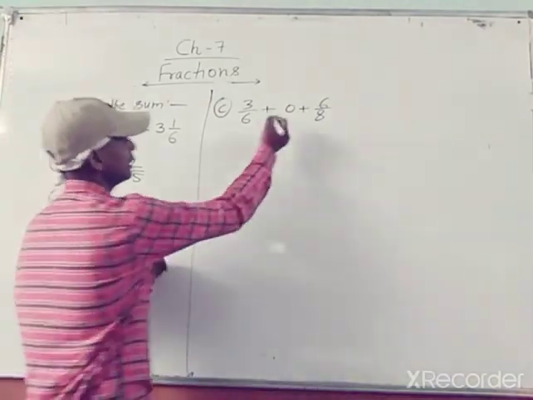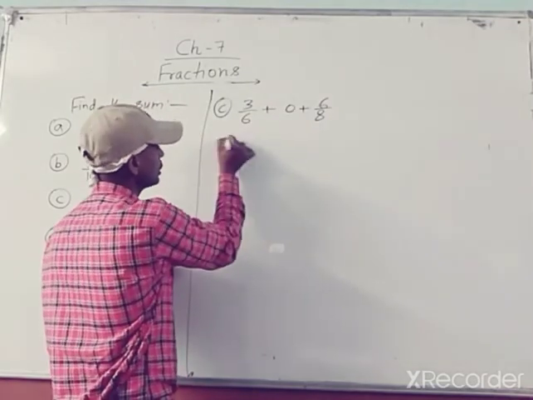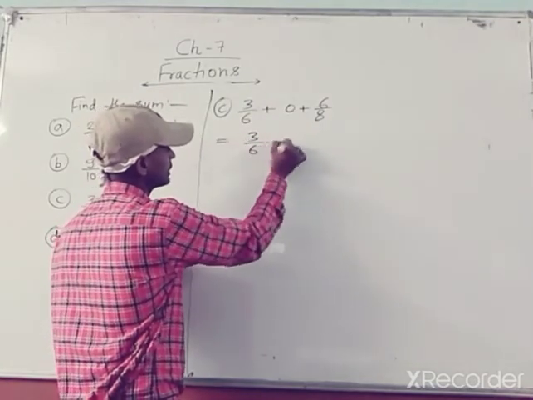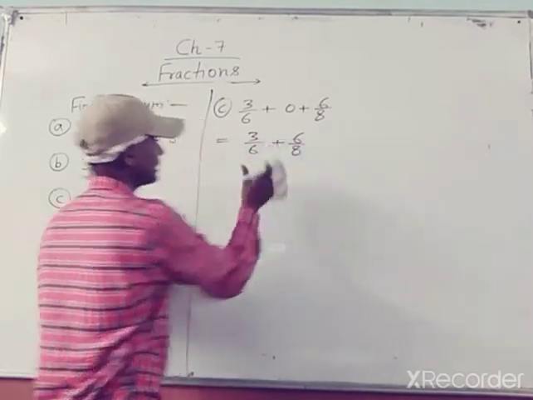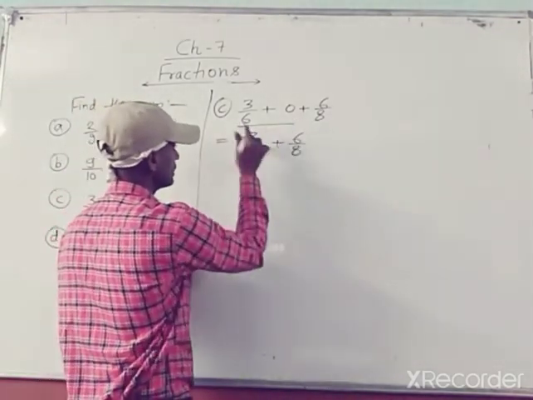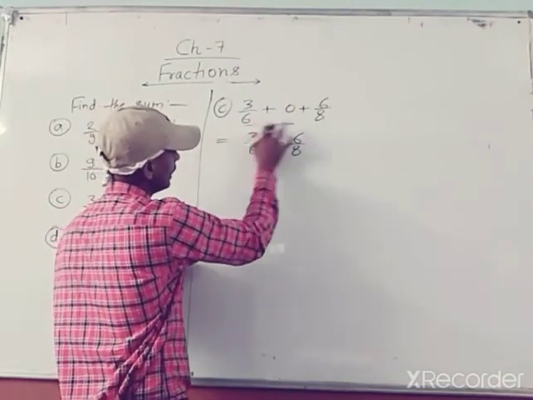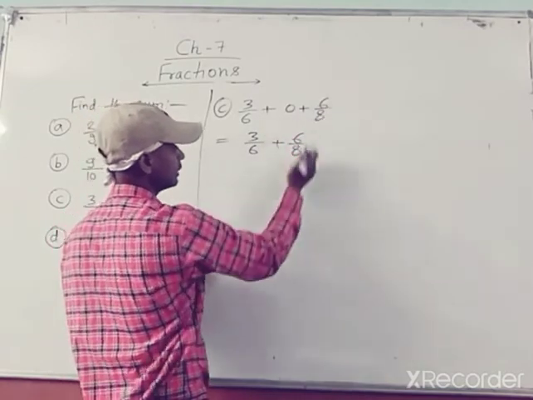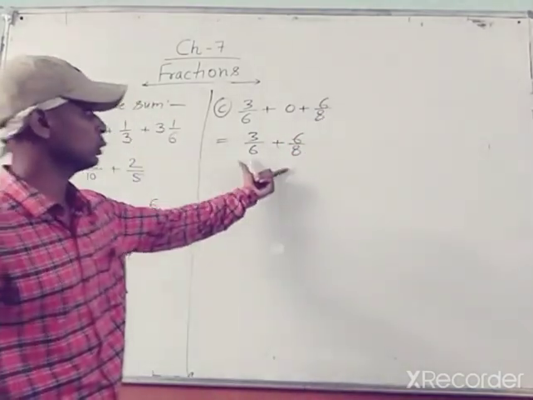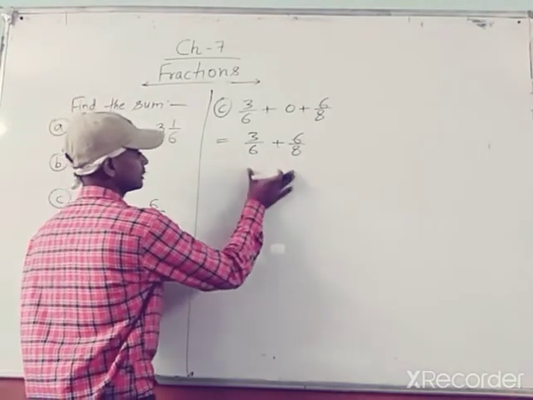So there is no need to add 0 into 3 by 6 because the sum is 3 by 6. So you can write in the second line 3 by 6 plus 6 by 8. Is it clear or not? Sum of these two is the fraction itself. So directly you can write the sum of 3 by 6 and 0 is 3 by 6. And then third term is 6 by 8. Now we have only two terms, 3 by 6 and 6 by 8. So find the sum of these two fractions.